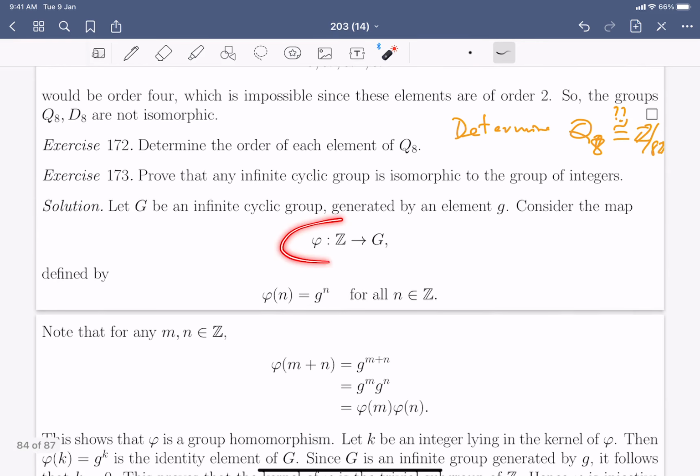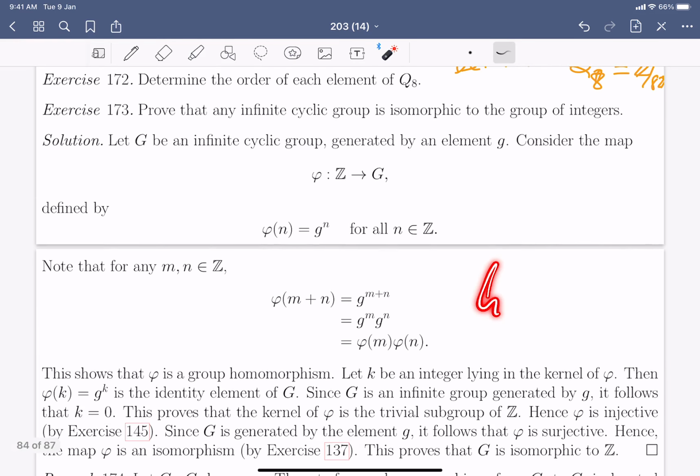Usually when we deal with the set of all isomorphisms, or more generally the set of all homomorphisms from a group G1 to G2, so suppose we are given two groups G1 and G2, and we are interested in the homomorphisms phi from G1 to G2.